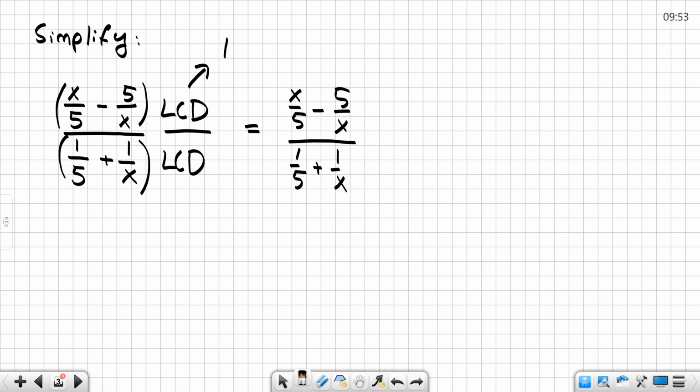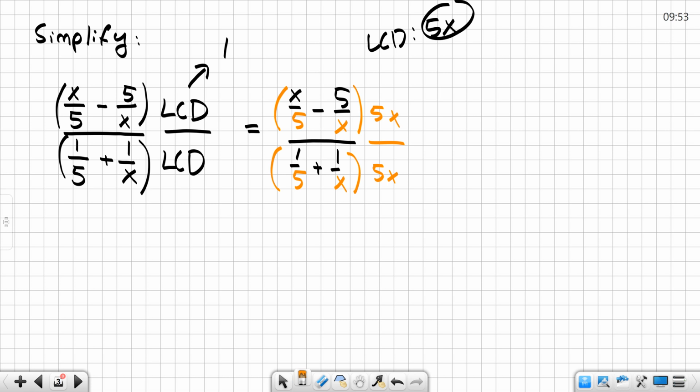They are right here. There's a 5 and an x. And there's also a 5 and an x down there. That makes the least common denominator 5 times x. There is already one 5 in there, and already one x. This right here is the least common denominator. So this is what I now will multiply the top and the bottom with: 5x over 5x.